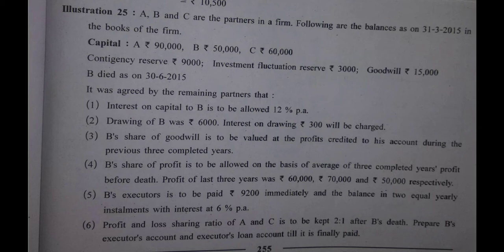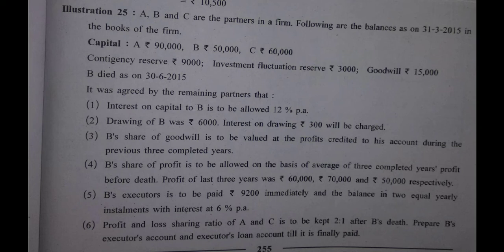Here, if we are talking about the old ratio, it is not given. So it is to be considered as 1:1:1. That is equal. So goodwill will be written off among all the three partners in old ratio, which is equal. So 15,000 in 3 equal parts is 5,000.